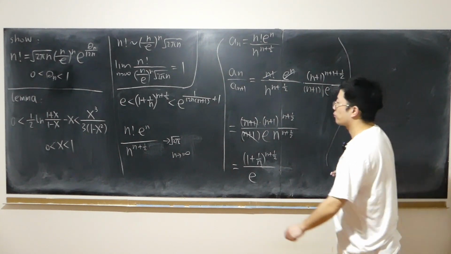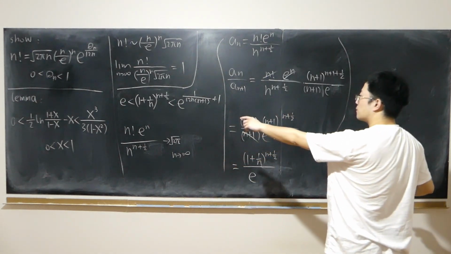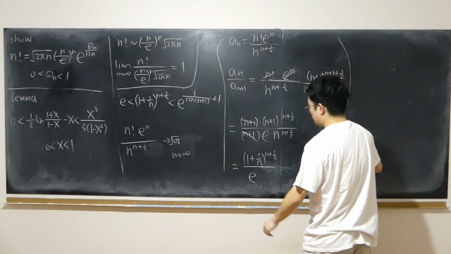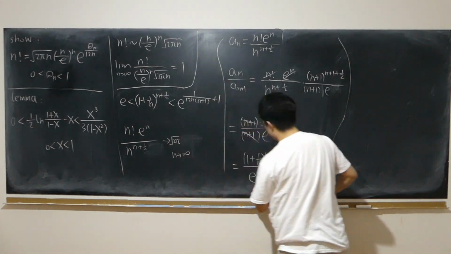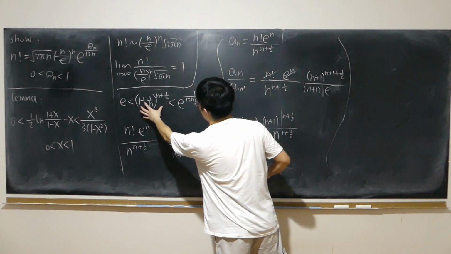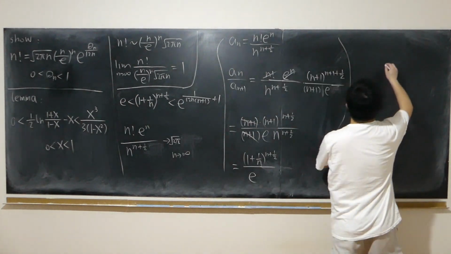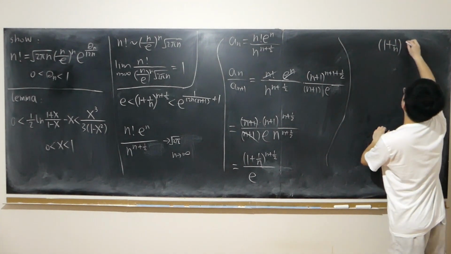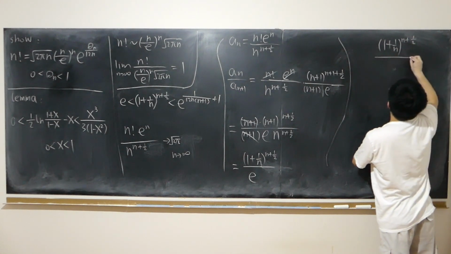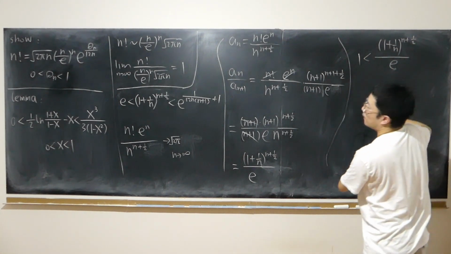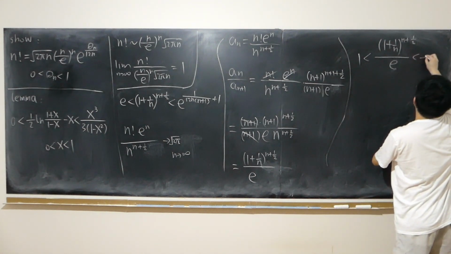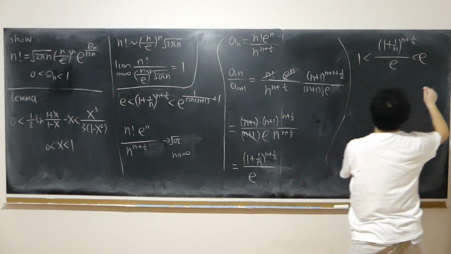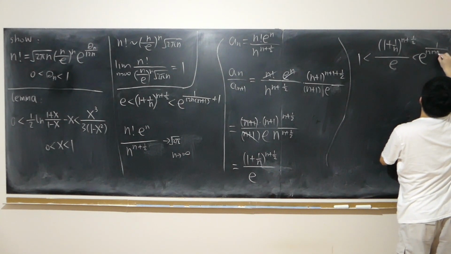So which means, like I said, if I divide e over this part, it becomes bigger than 1. 1 plus 1 over n to the power of n plus half, divide e over, is bigger than 1 and smaller than e to the power of, there's no more 1, this one will cancel out, 1 over 12n times n plus 1.